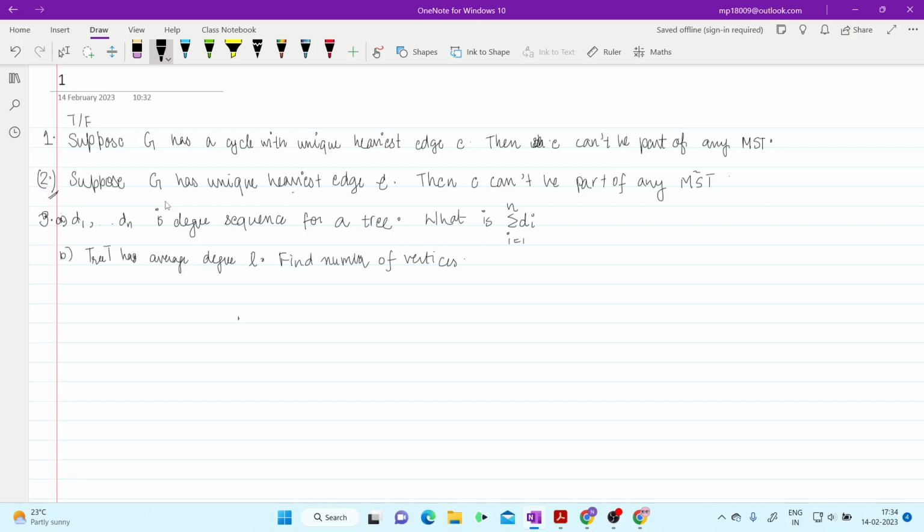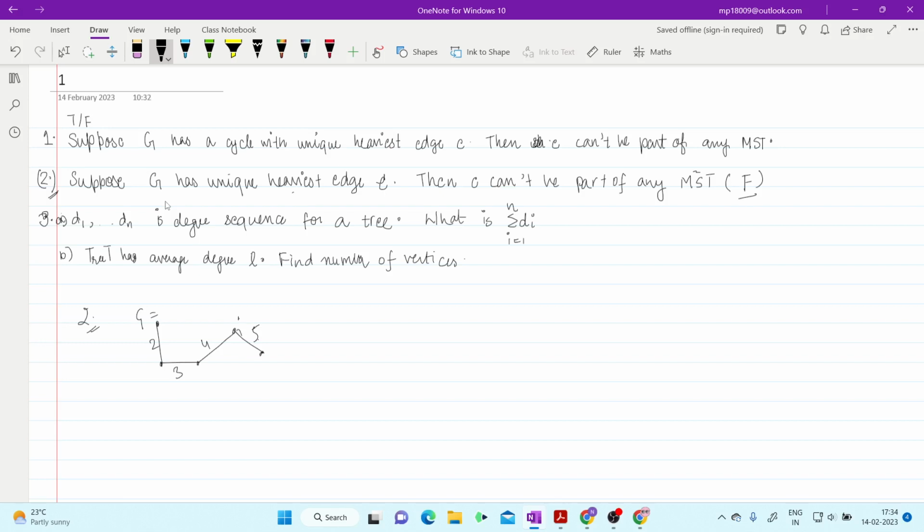So the second statement is false, because if you just look at some tree, a tree is also a graph. Suppose we are taking this as our G. This is a graph which is a tree, and its heaviest edge is 5.